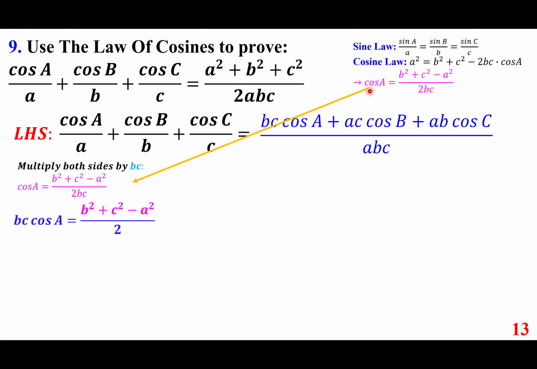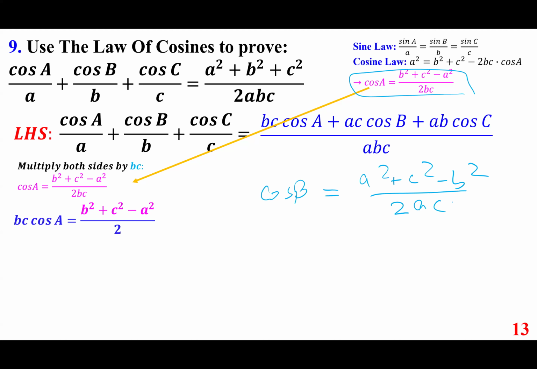So cosine B must be a squared plus c squared minus b squared over 2ac, and cosine C must be a squared plus b squared minus c squared over 2ab.